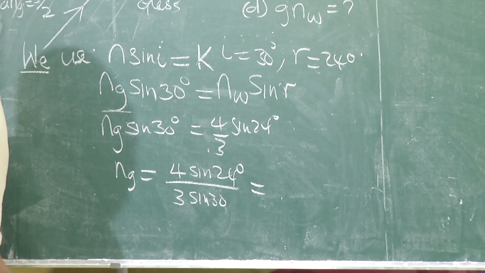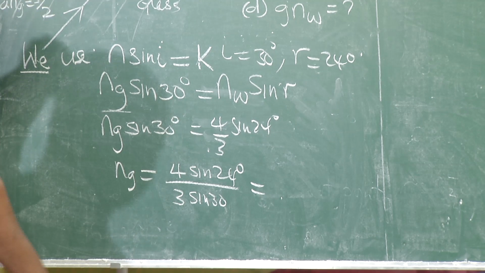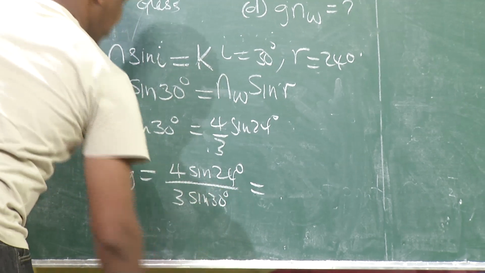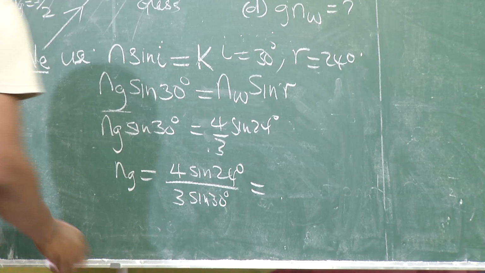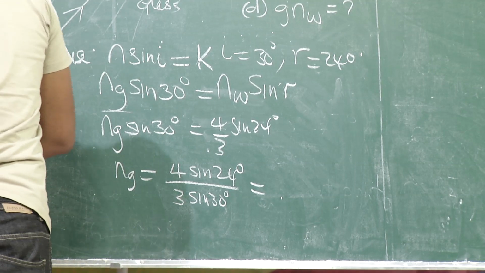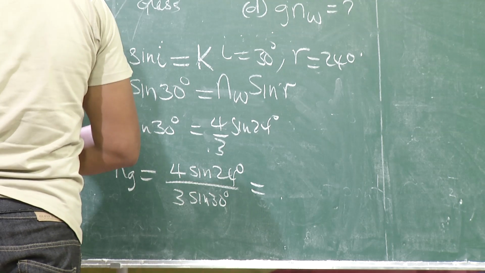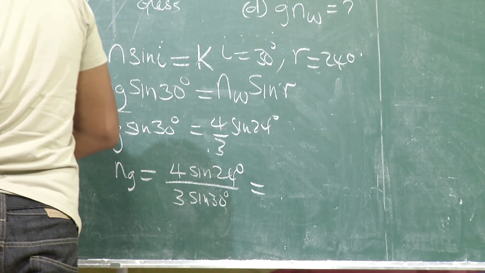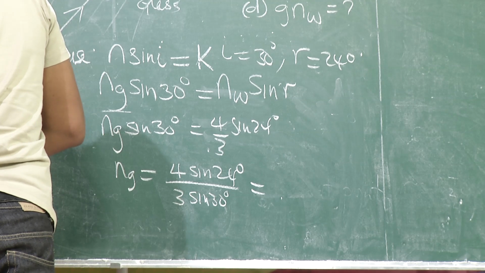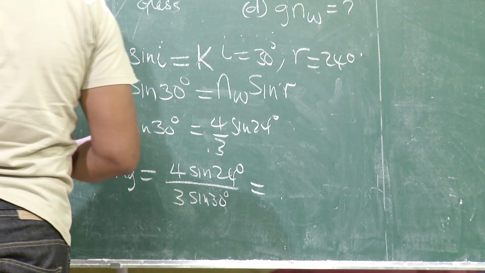This is where I will tell my learners to get out their calculators and compute. When you compute using a calculator, you will be able to get that absolute refractive index of glass, which is what we want.